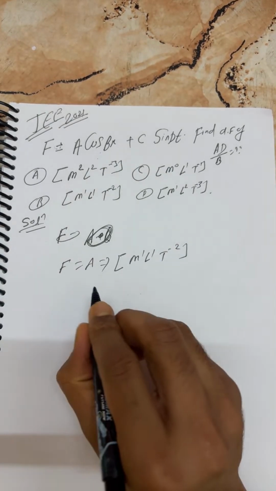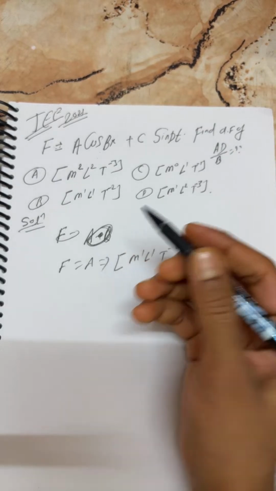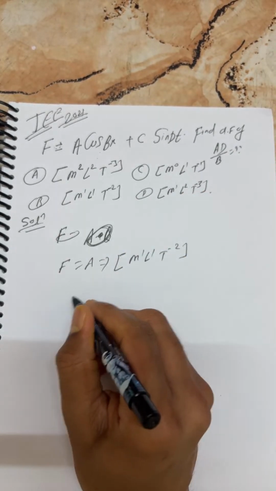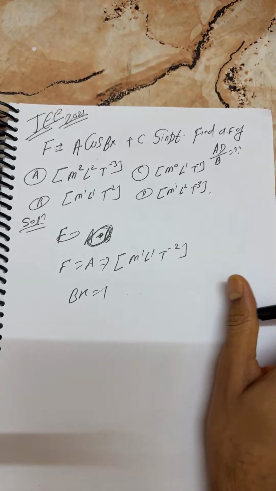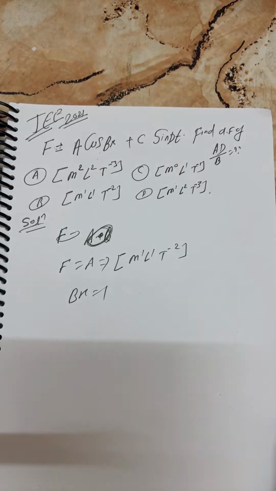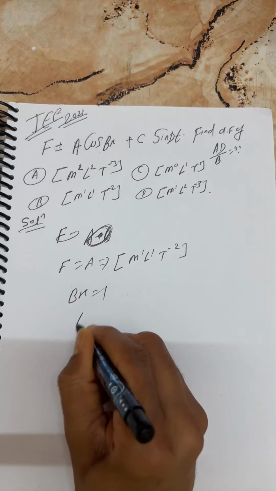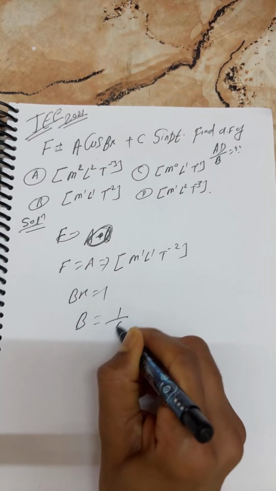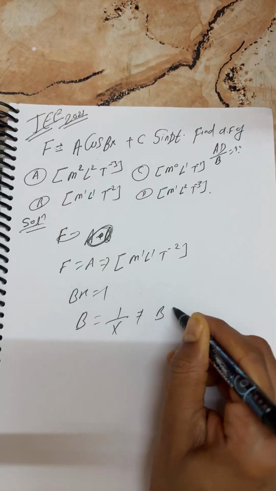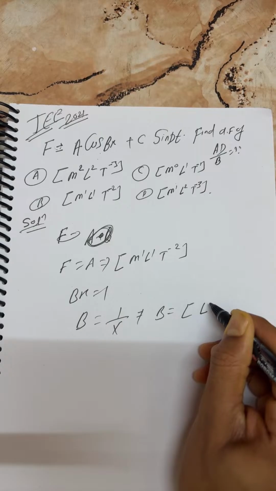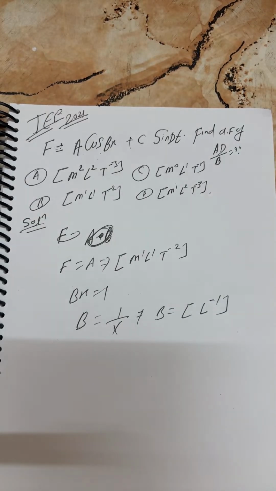Then cos of bx: b into x is equal to 1, since cos bx is dimensionless. So b is equal to 1 by x. This implies the dimensional formula of b is L to the power minus 1.